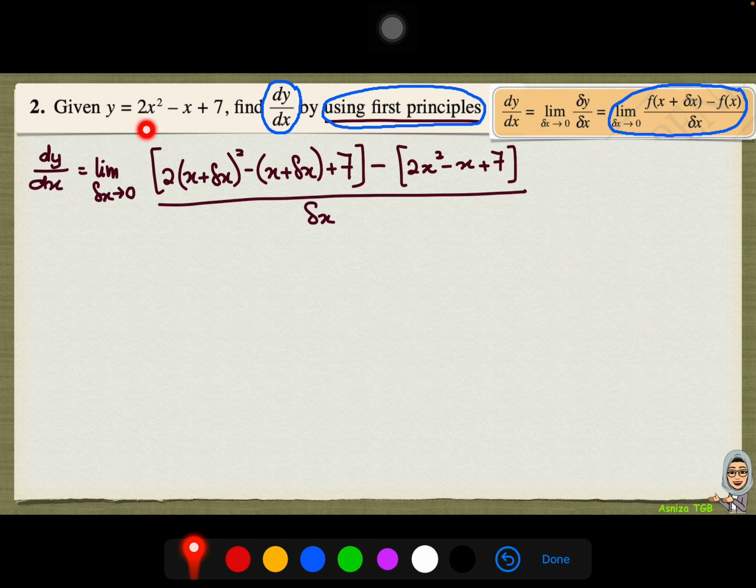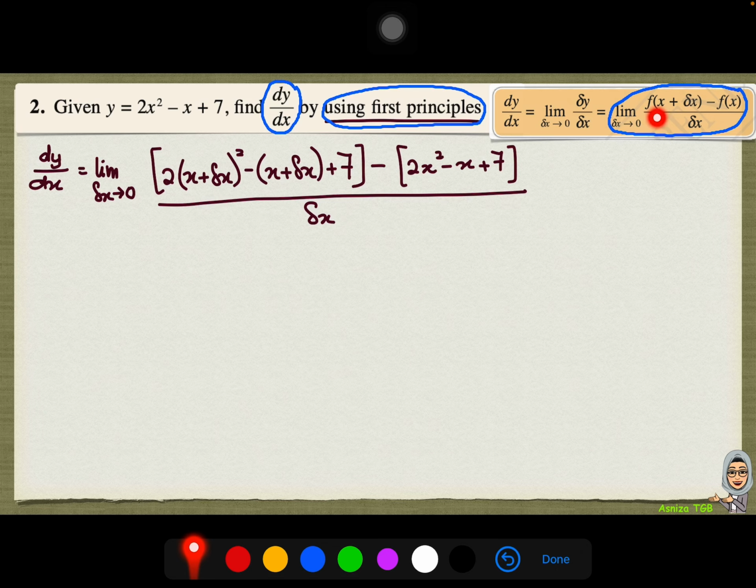So the expression will become 2 times (x plus delta x) squared minus, now the second term x needs to be substituted as (x plus delta x), because we have to substitute all the values of x with x plus delta x, and then plus 7.